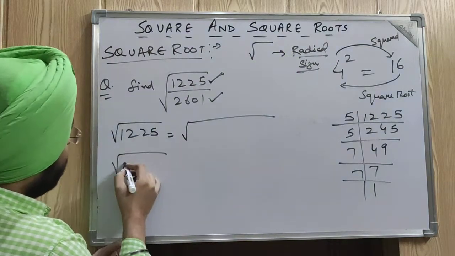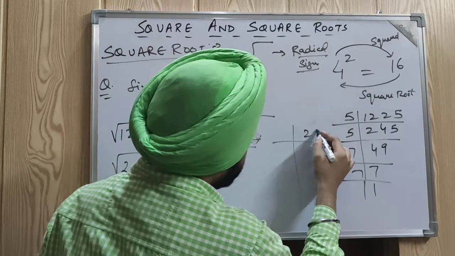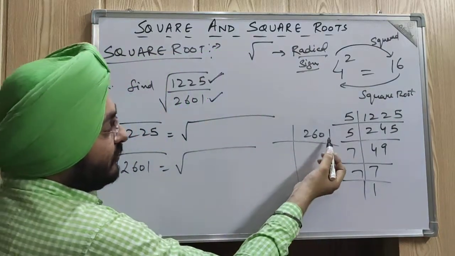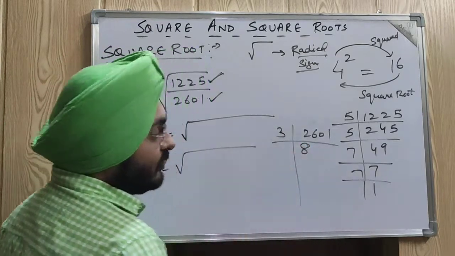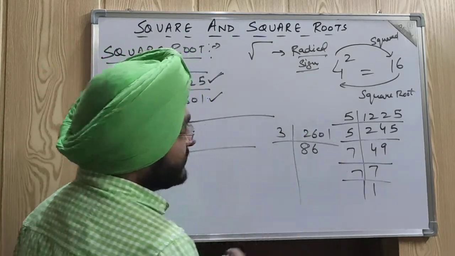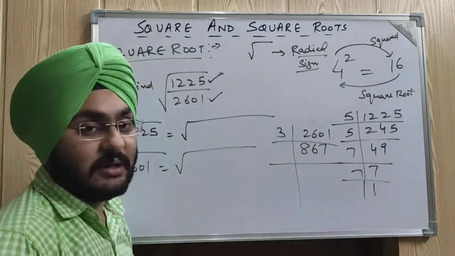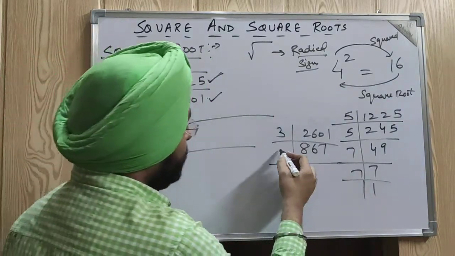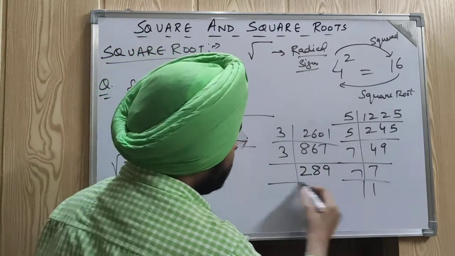Now do the same for 2601 in a similar way. 1 plus 6 is 7, 7 plus 2 is 9, so it is divisible by 3. Start with 3: 3 times 867 is 2601, then 3 times 289 is 867, and 289 is 17 times 17.